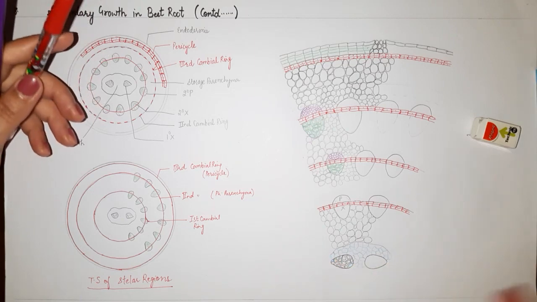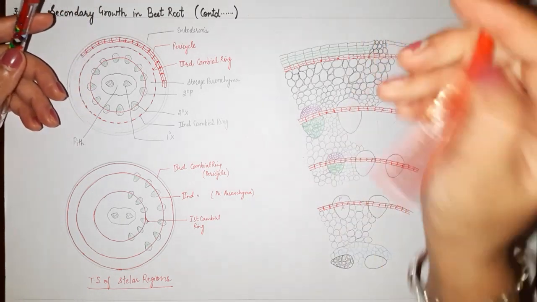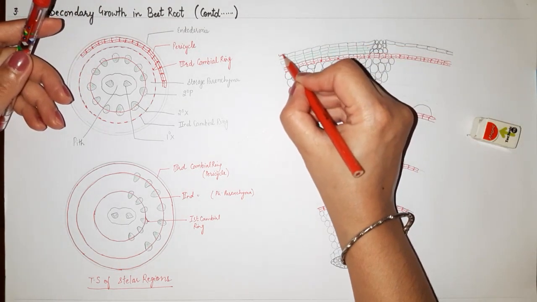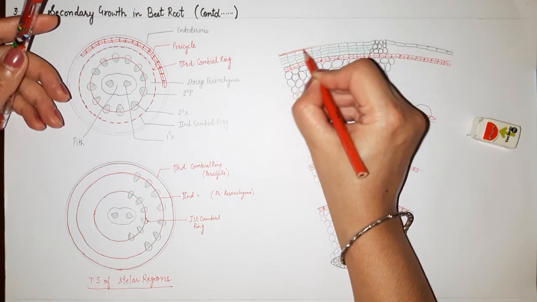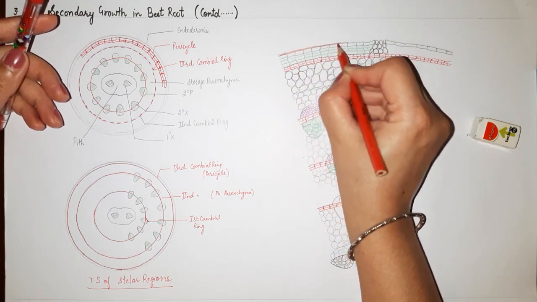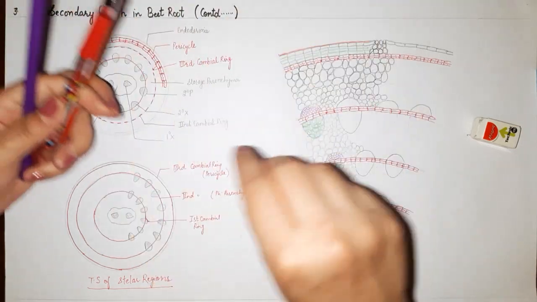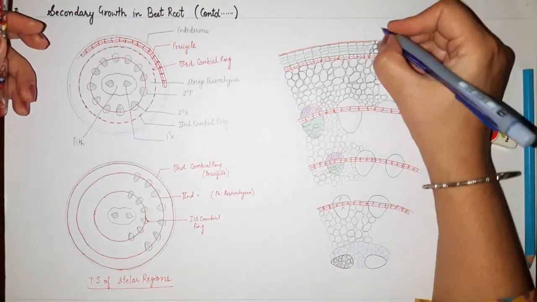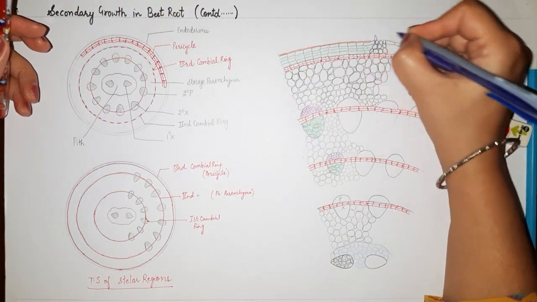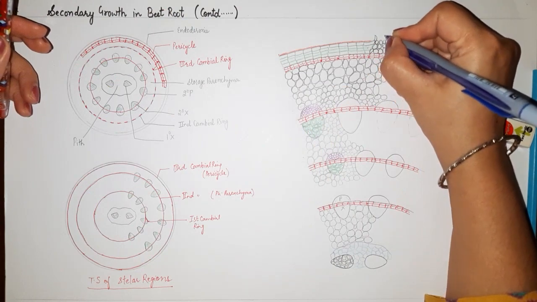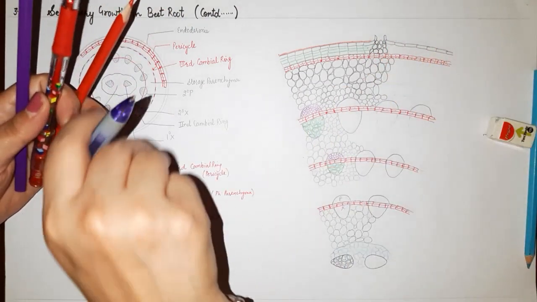Okay. And towards the outermost side, we have cuticle. The last cell where it is broken can be shown this way.